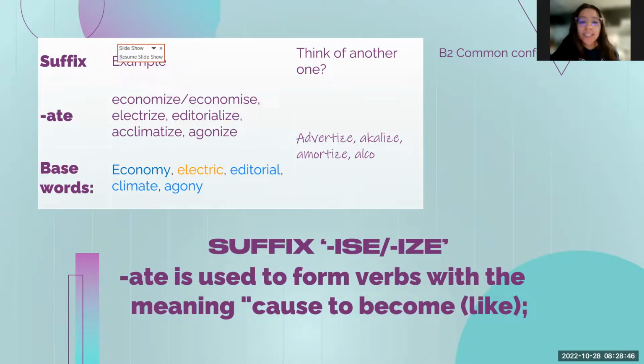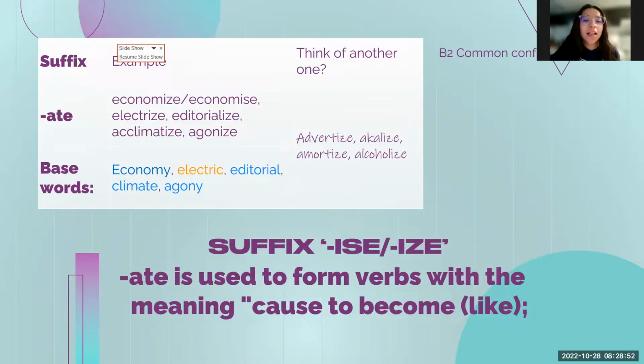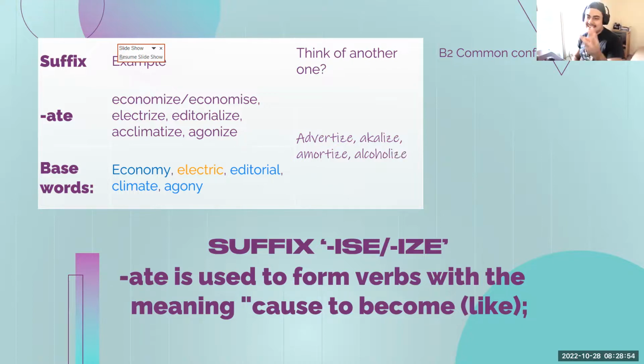Eliminate the whole. Excellent. Close. Alcoholize. Exactly. Only 3 syllables. That's interesting. We add extra syllables. Be careful when you are using these verbs not to use extra syllables. Let's take that as a note.